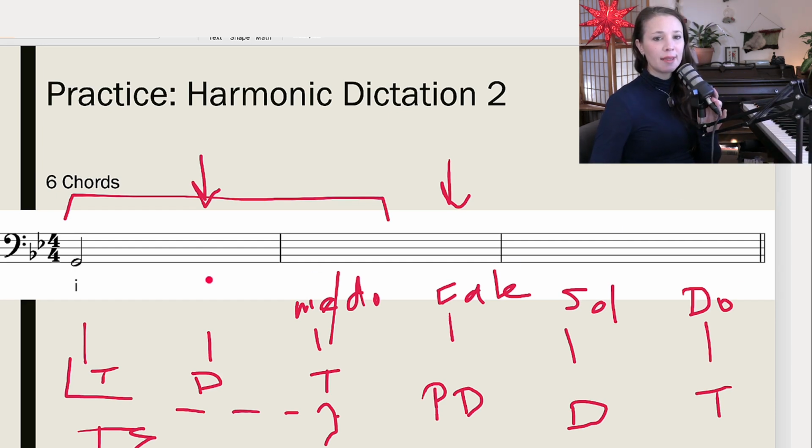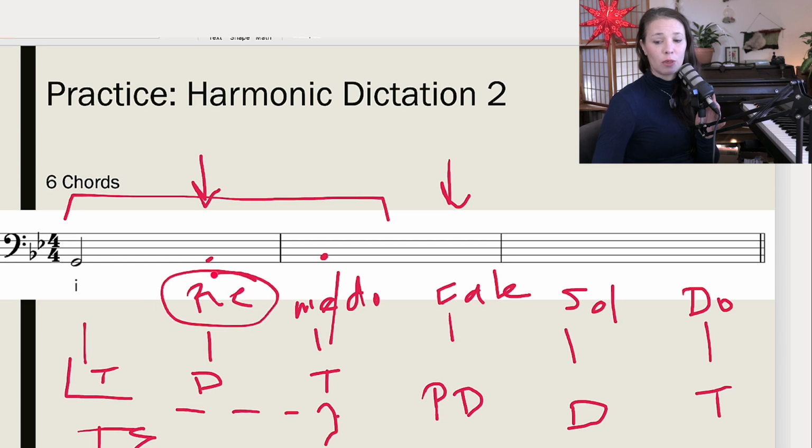Okay, so you probably got that the bass, at least for the first 3 notes, is moving up by step. Do, Re, Mi. So we have Re, which is our wild card. So we're going to have to listen a little bit more there when we get to the chord quality.